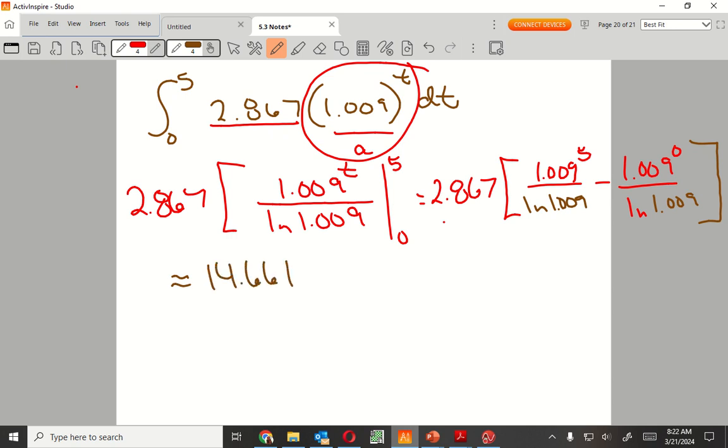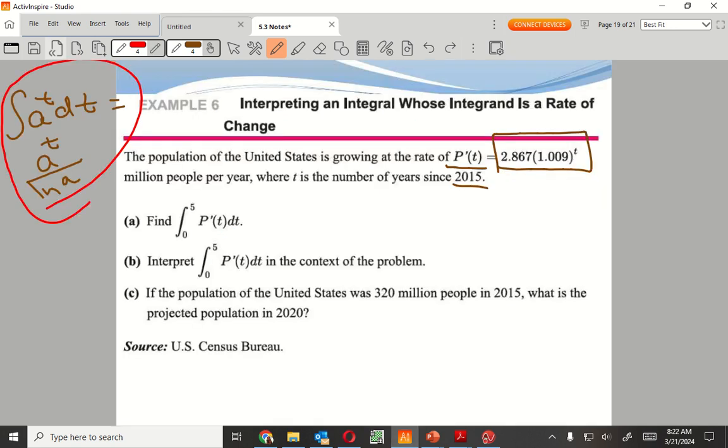Now, in the problem itself, interpret what it means. It says where t is the number of years since 2015, so that's why I'm dealing with the dt here in terms of time. That 0 is 2015, and then a 5 would be 5 years past that, which is 2020. So, in the context of the problem, what are we actually referring to?